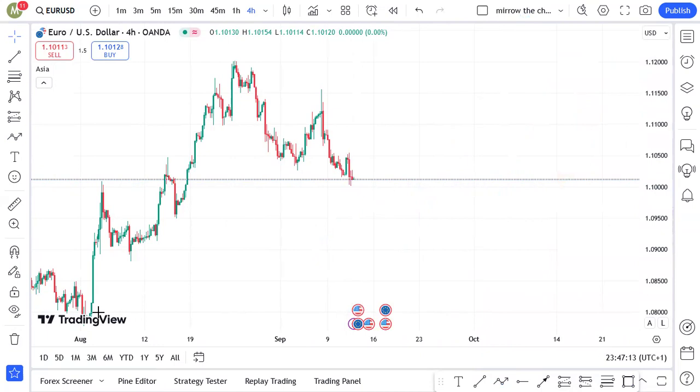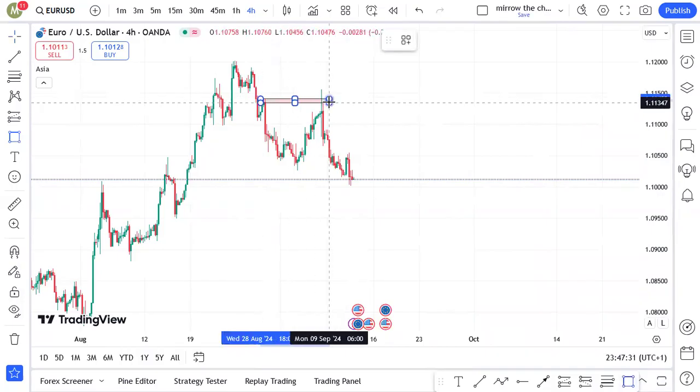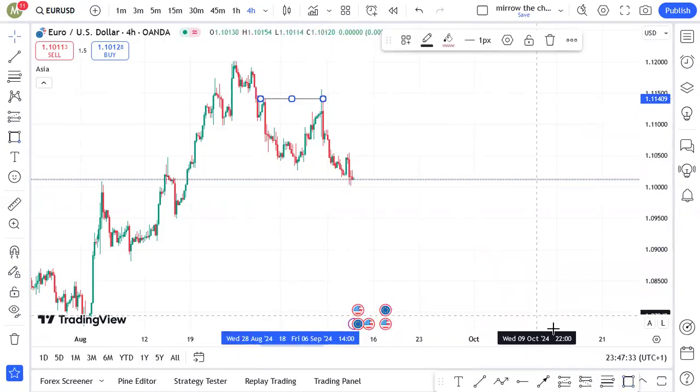Yeah, it makes sense. Now, we have talked about the variables of a range structure. Those variables that I pointed out for you are what makes a range structure valid. Those internal liquidities, internal means inside.